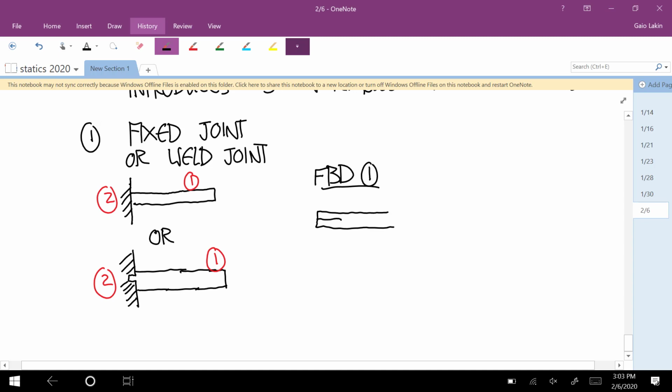There's a force vector, and that's the force on 1 by 2, because all translation is eliminated. And then there's a couple that we'll call M12. That's the moment on 1 by 2.